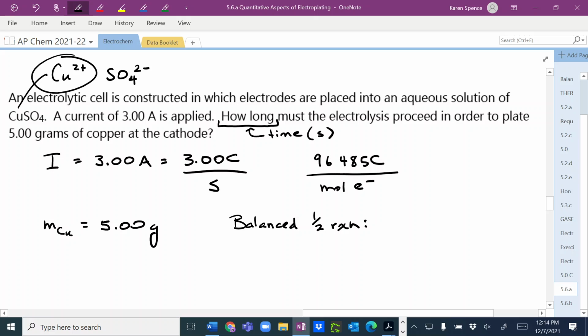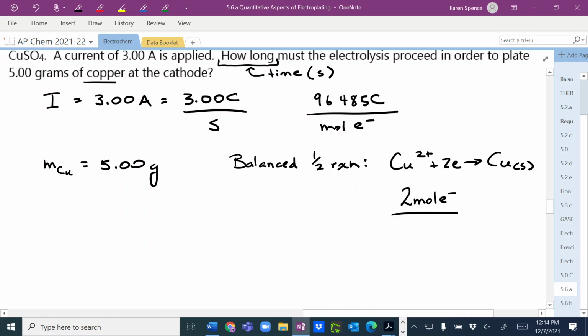Because we got copper 2 plus and we are plating on copper solid. So copper 2 plus, copper solid. Okay, and that gives us a ratio of 2 moles of electrons for every 1 mole of copper. And we want to know our time, that's what we don't know.